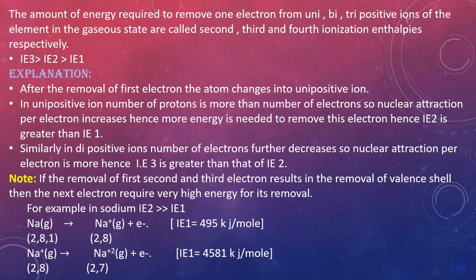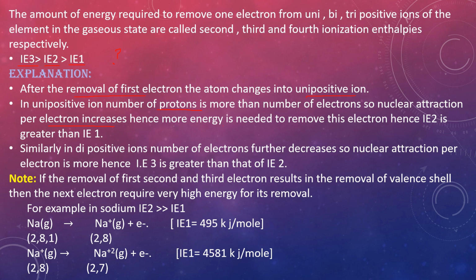Always remember that the energy required to remove the third electron, IE3, is greater than IE2, and it is greater than IE1. What is the reason for this? After removal of the first electron, the atom changes into a unipositive ion. A positive ion has a smaller size and the protons are more than the electrons, hence the nuclear attraction per electron increases.